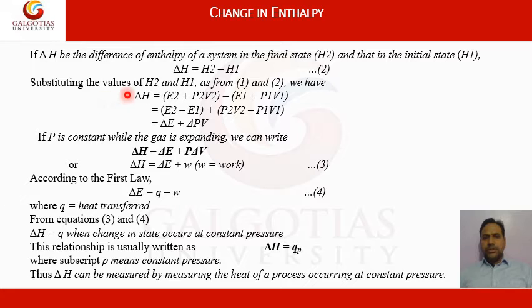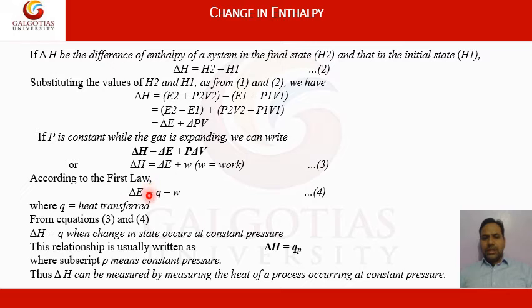By substituting the values of H2 and H1 from equations 1 and 2, we get delta H is equal to E2 plus P2V2 minus E1 plus P1V1. So we get delta E plus delta PV. If P is constant while the gas is expanding, we can write delta H is equal to delta E plus P delta V. So delta H is equal to delta E plus W, meaning work.